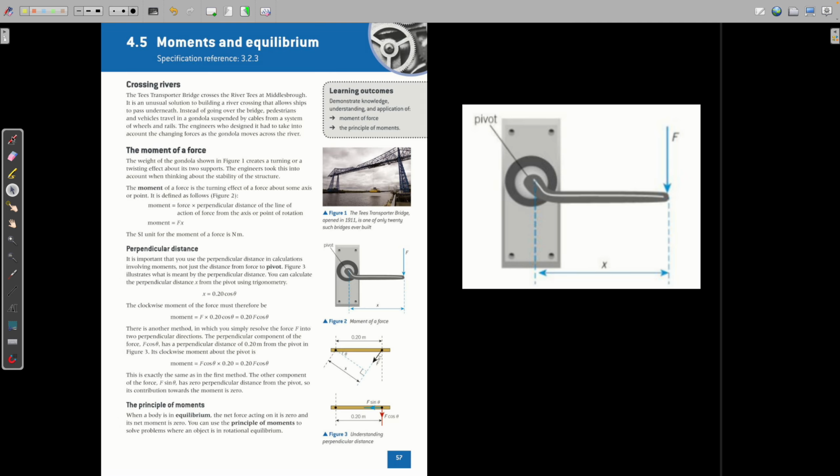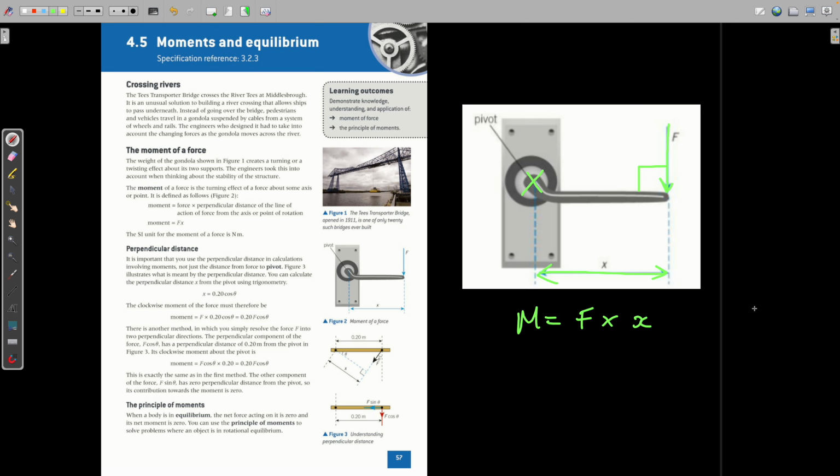The handle is rotating around this pivot point, and you're applying a force F at a certain distance x from the pivot point. And in this case, it's at right angles. So straightforwardly, you can just use the moment is the force times the distance because it's perpendicular. So you could just do moment is force times distance, and that would give you the moment.